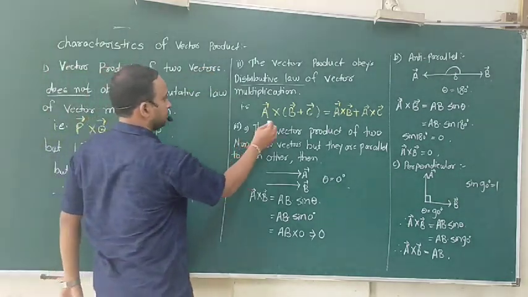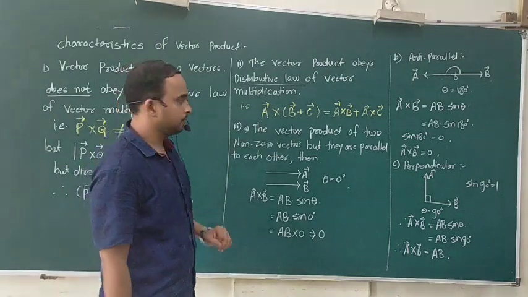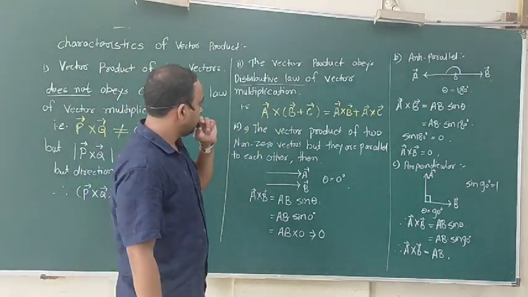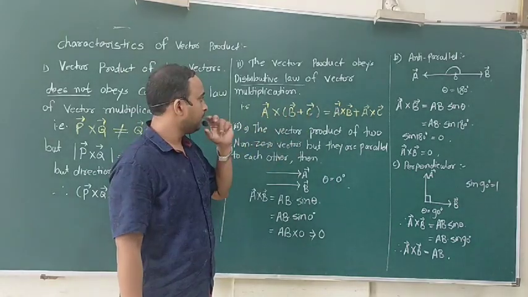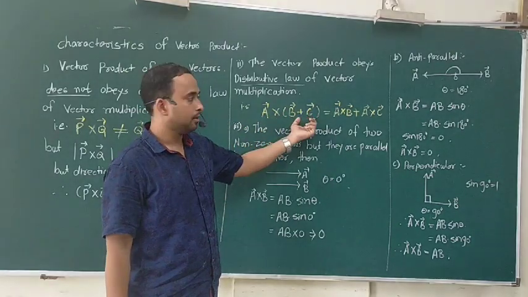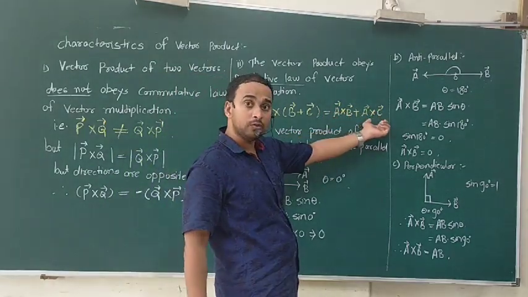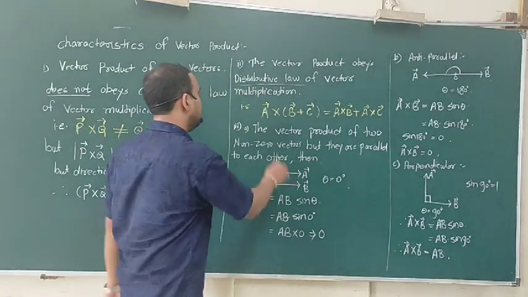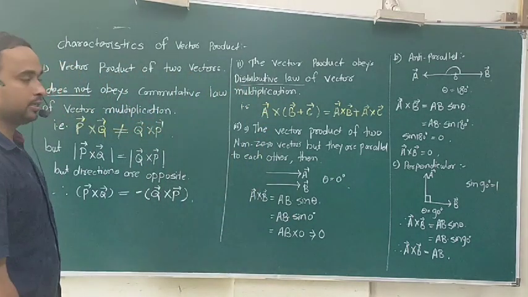That means here, a bar, b bar and c bar are the three vectors. Now see here, a bar cross (b bar plus c bar) is equal to a bar cross b bar plus a bar cross c bar. This is the distributive law of vector multiplication.